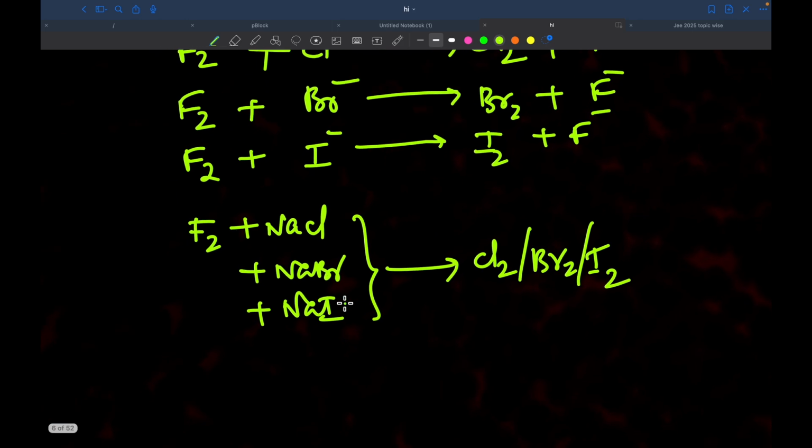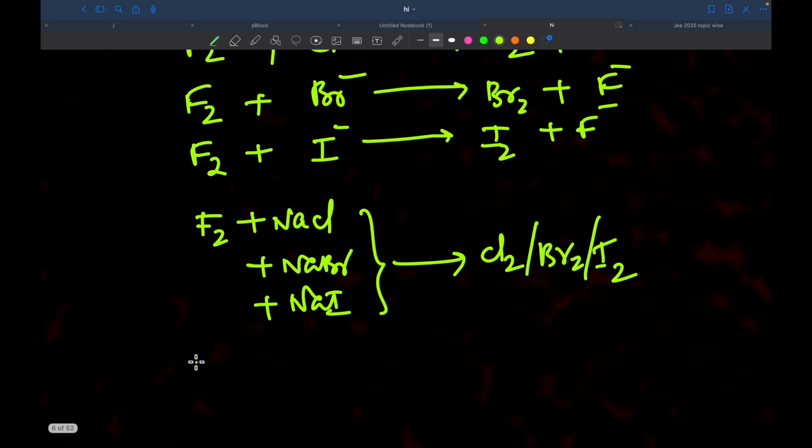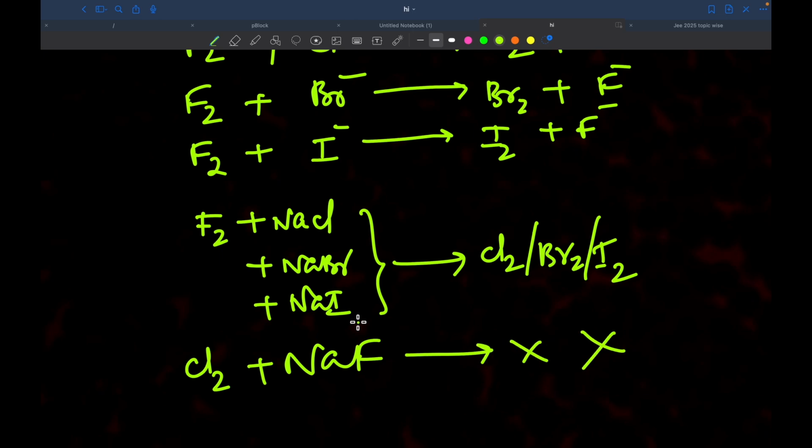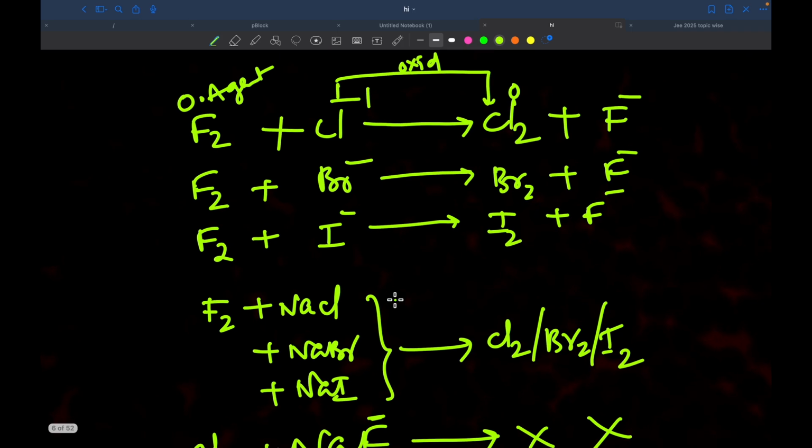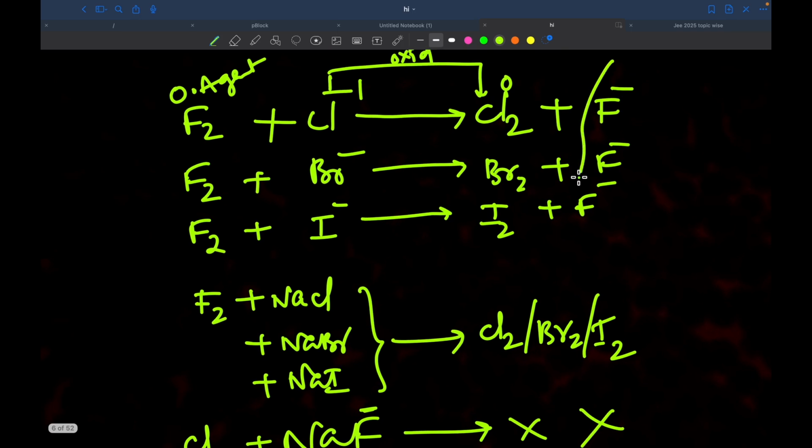What I mean to say here is, if I give you chlorine and NaF, this reaction is not possible. Why? Because for the fluoride anion, the final destination of fluorine is to get to -1 oxidation state.